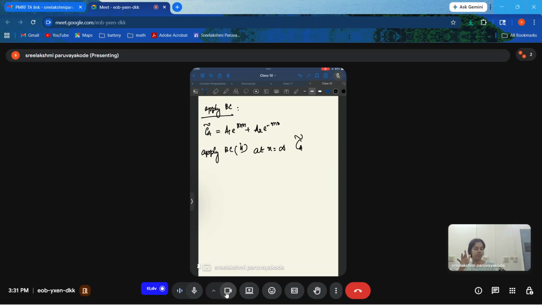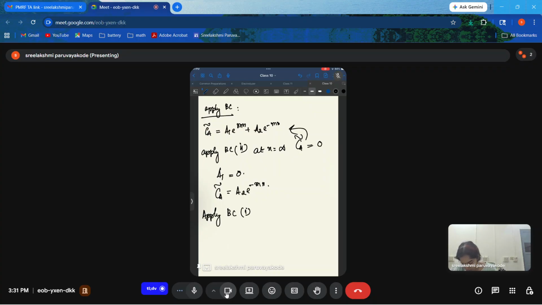At x equal to the boundary layer thickness, after that CA becomes CA bar, CB equals CB bar. Then you wouldn't see any oscillation. So CA del will be equal to 0. When you substitute this, you'll get A1 as 0 and CA del equal to A2 e to the power minus mx.